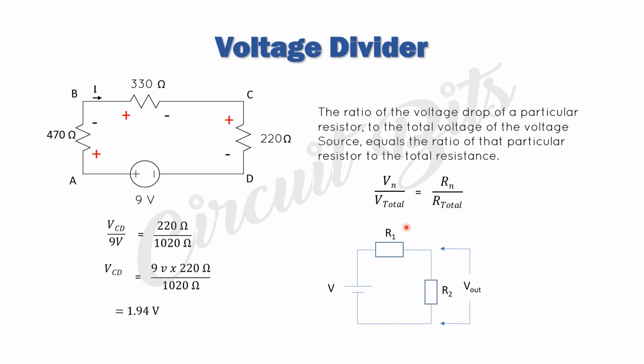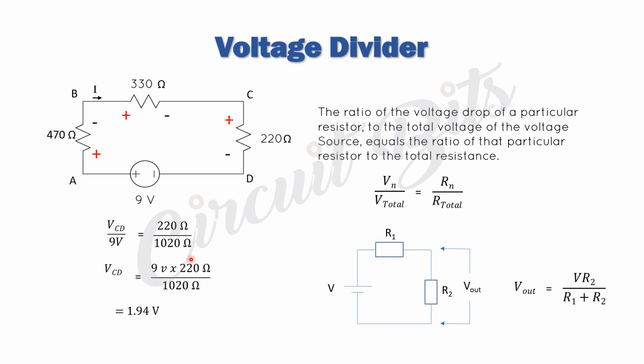If we simplify our resistances to two resistors like this, let's say in this case R1 is 470 plus 330, these two resistors considered already here, we can find the voltage across this resistor by this formula: Vout equals V, the overall voltage, times R2 divided by R1 plus R2, the effective resistance of the circuit.